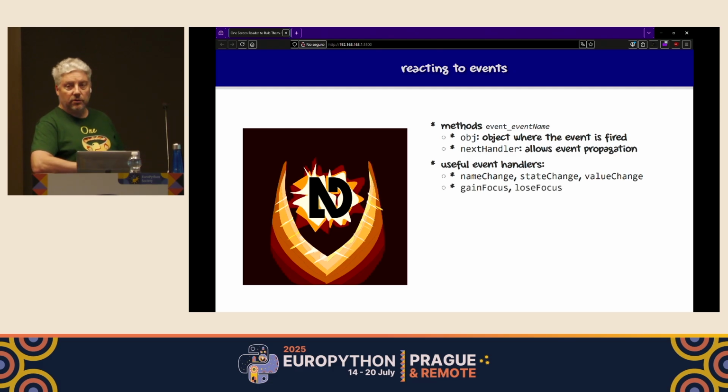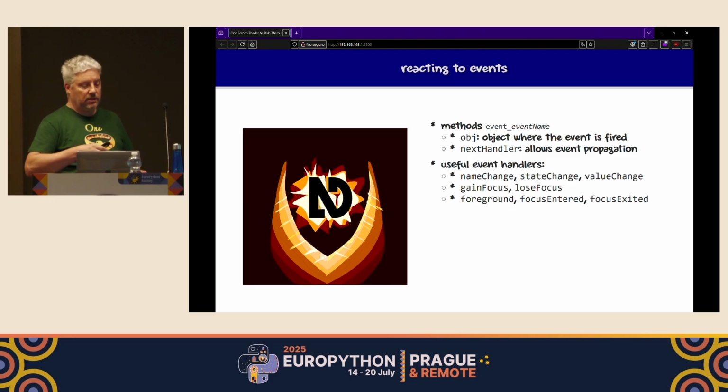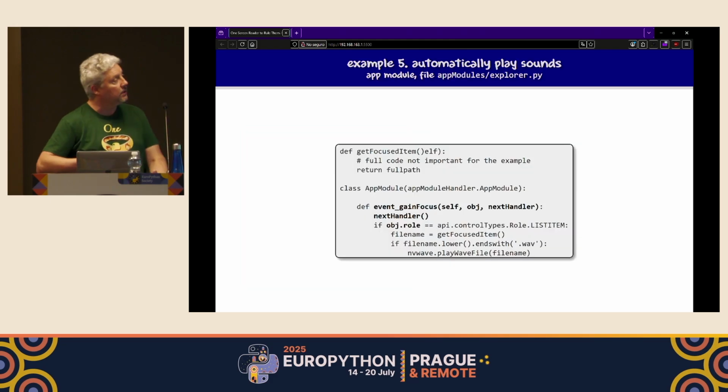The gain focus and lose focus, the same as focus and blur in JavaScript. And foreground, focus entered, focus exited, this is for Windows, when a window takes the foreground, when the focus enters inside a window or whatever.